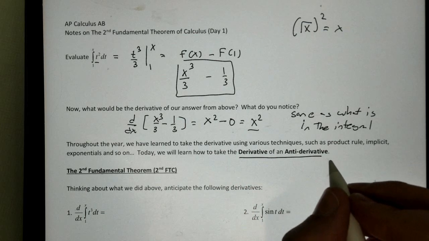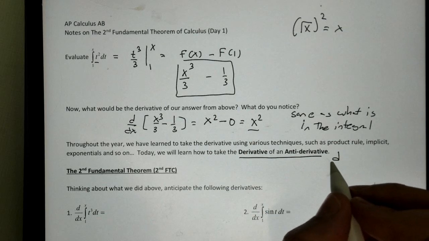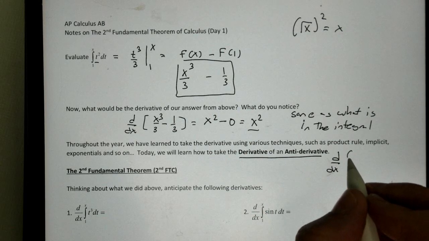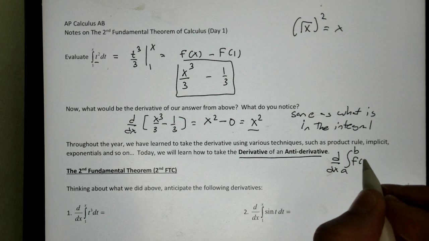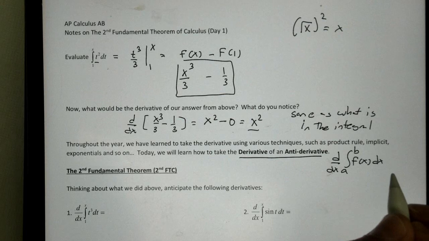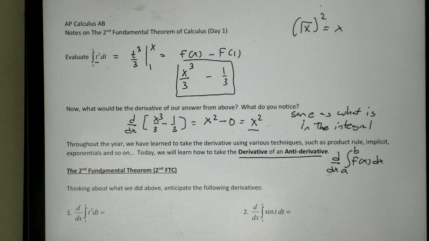We actually have a very special way to write that. We say it's the derivative of an integral from a to b of f of x dx. We're going to try to find out what this gives us, and later on we're going to take a look at what this tells us about a graph.